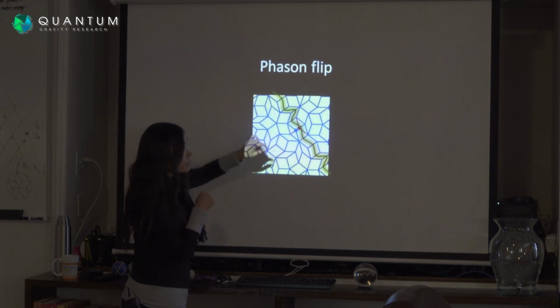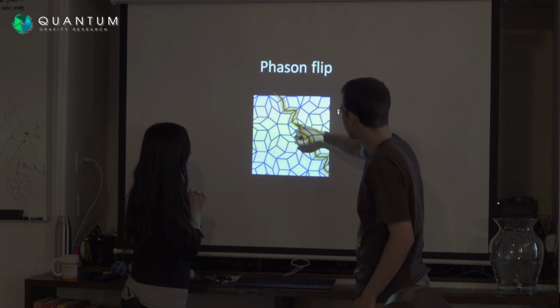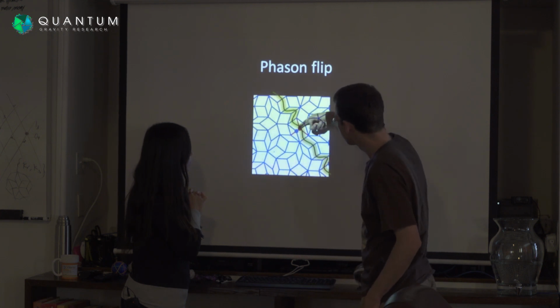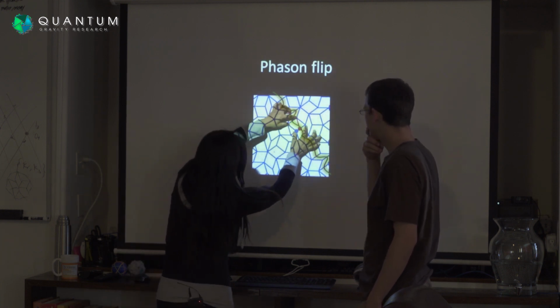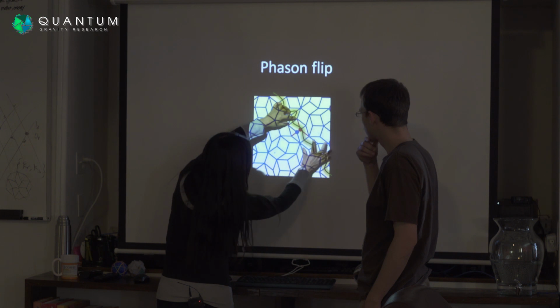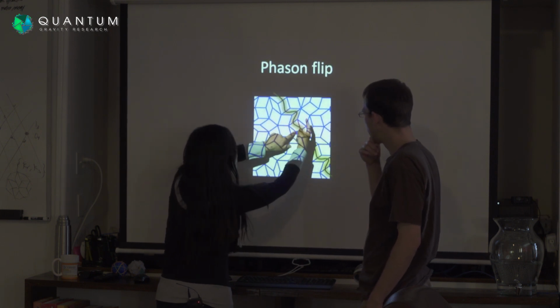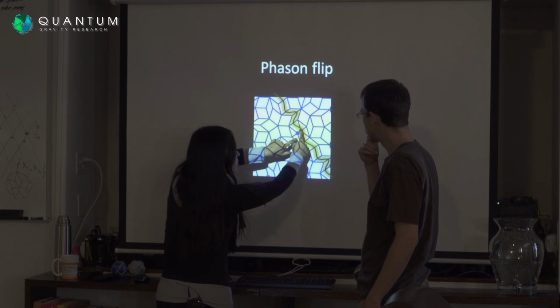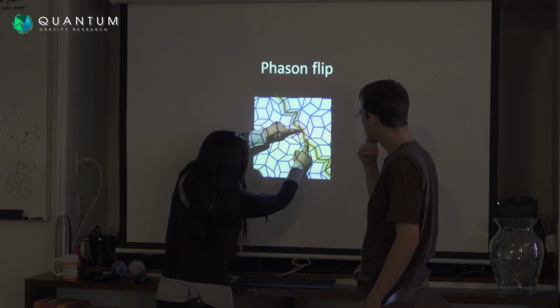The ribbon is going this way because it's following this. And then the blue can flip to the red in the phason flip, and it will form a tile like this. This will be the new tile, this, and then that one. I see, so there's a flip.